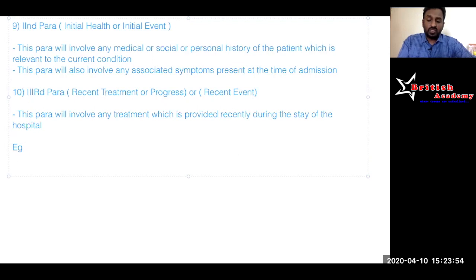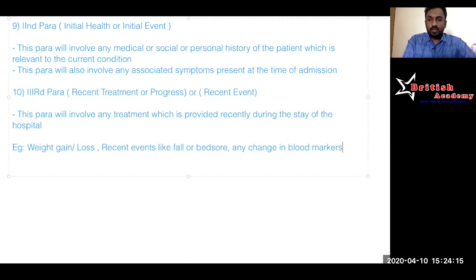For example, if the patient is in the hospital, the most common examples are weight gain or weight loss, or recent events like a fall or bed sore, which is very common with ICU patients, or any change in blood markers, or any recent transfusions.